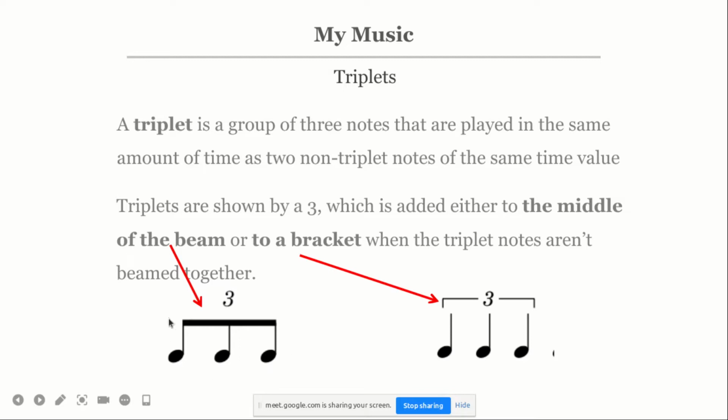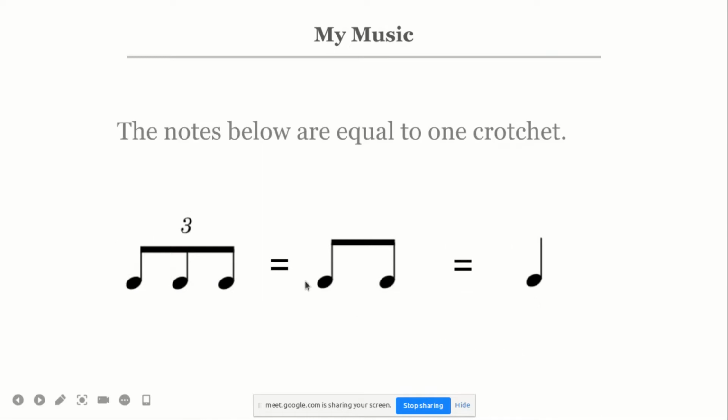And these 3 notes should be played in the time of 2 of them. So these triplets of quavers should be played in the time of 2 quavers. And these triplets of crotchets, 3 crotchets, should be played in the time of 2 crotchets. So this is how it looks.